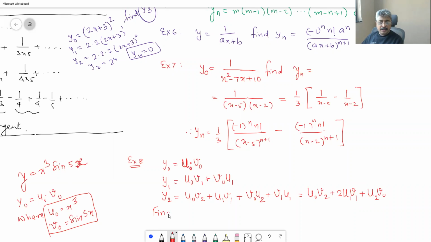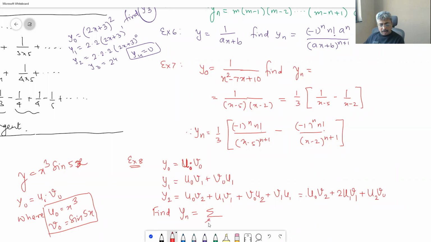Find yn, the nth derivative. For the second derivative, the coefficients are 1, 2, 1. For the third derivative, the coefficients will be 1, 3, 3, 1. And it follows a pattern like the binomial theorem, and that is why it is an extremely important formula.